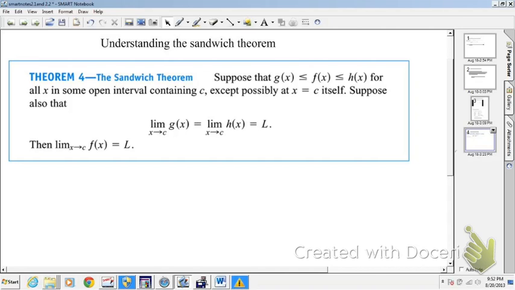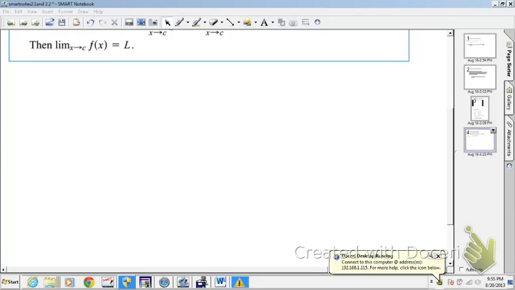So, in this example, the author wants us to use the sandwich theorem. I'm copying this from the book, just to give you an example.